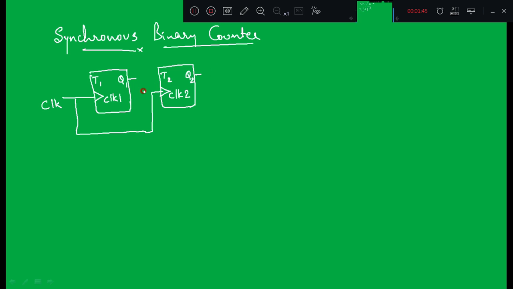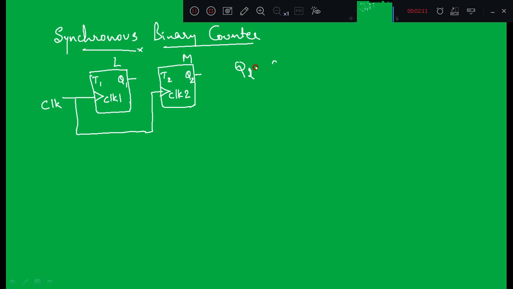So when I have taken only two flip-flops, the first flip-flop is used for LSB and the next flip-flop is used for MSB. If I use one more flip-flop, that flip-flop output will become the MSB, right?